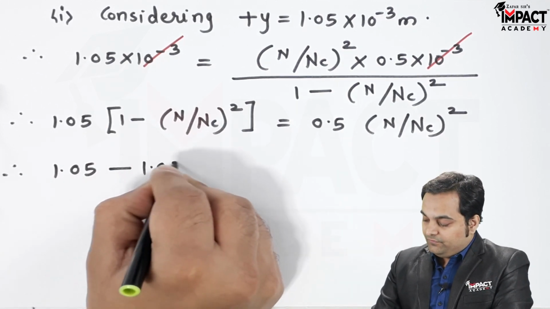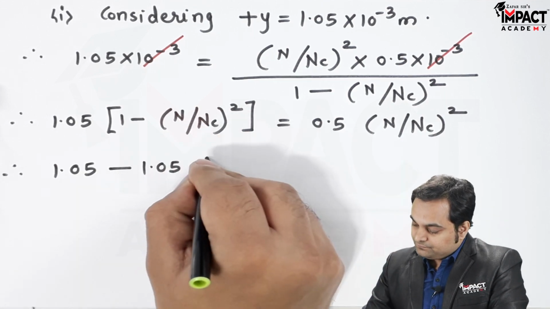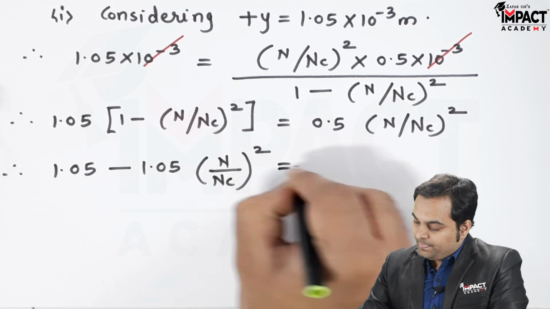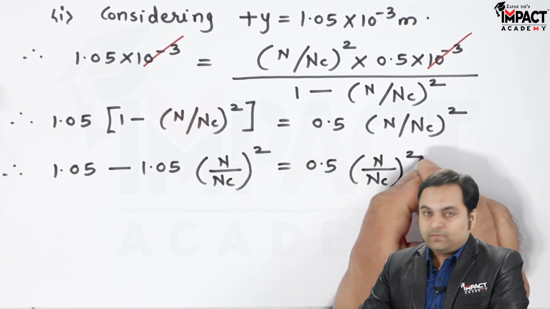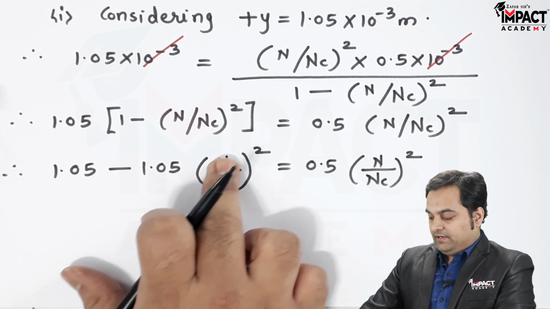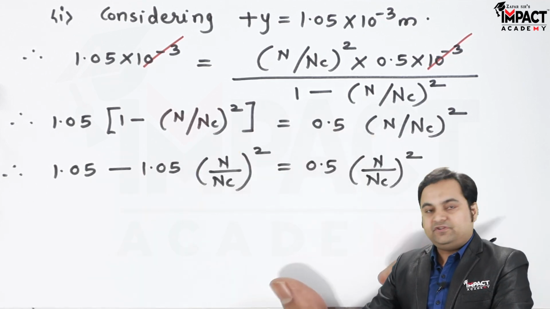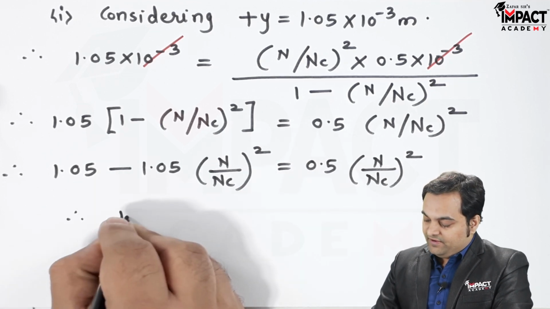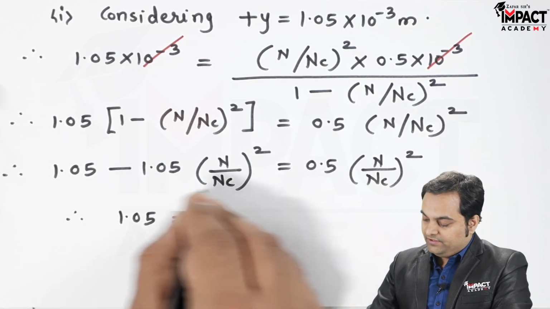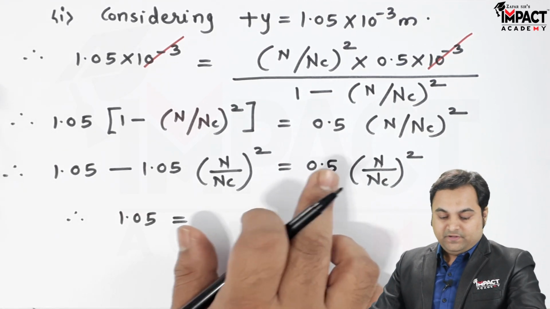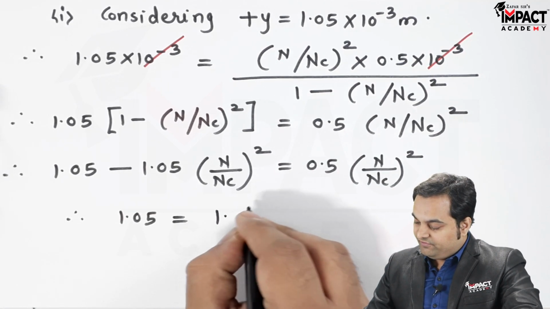So we have 1.05 minus 1.05 (n upon nc) squared. I'll keep the similar terms on one side. So minus 1.05 (n upon nc) the whole square, when shifted to the right side, gets added. On one side I have the value 1.05, on the other side when 1.05 gets added with 0.5, it comes out to be 1.55.